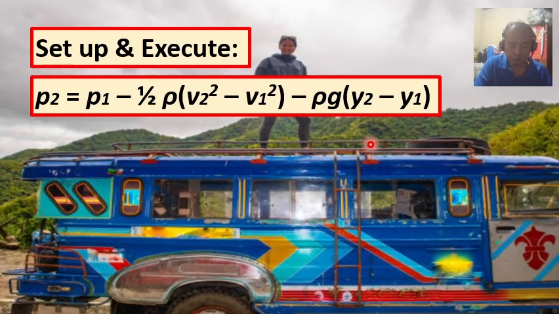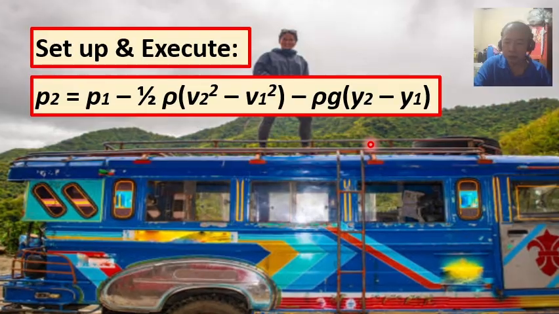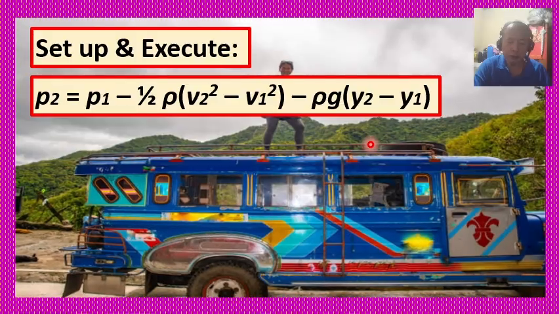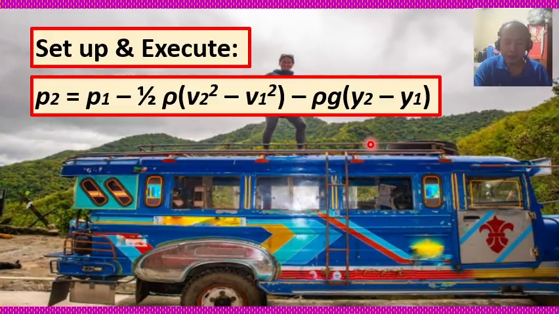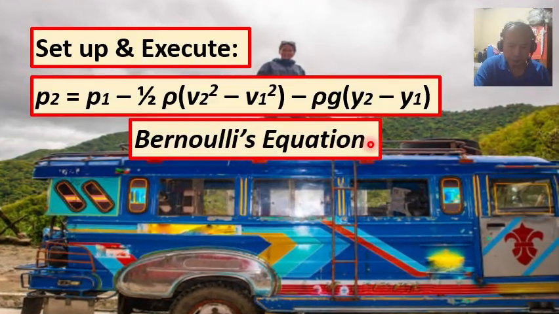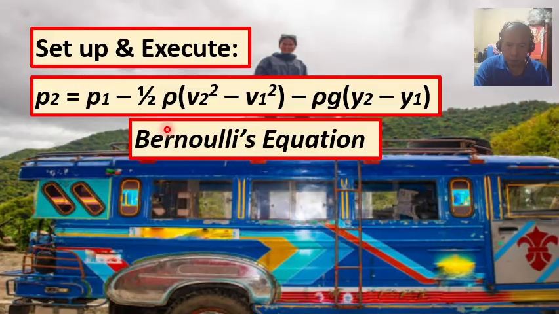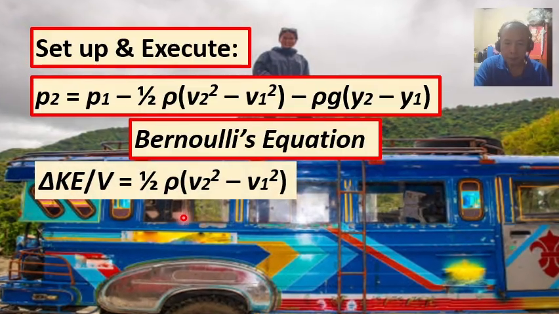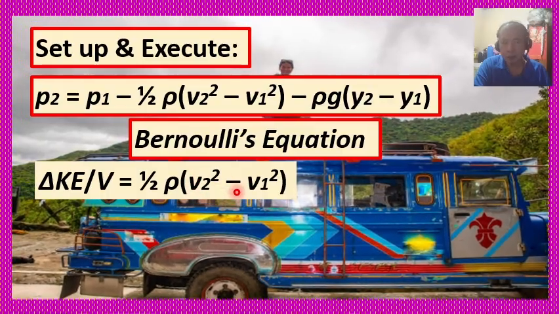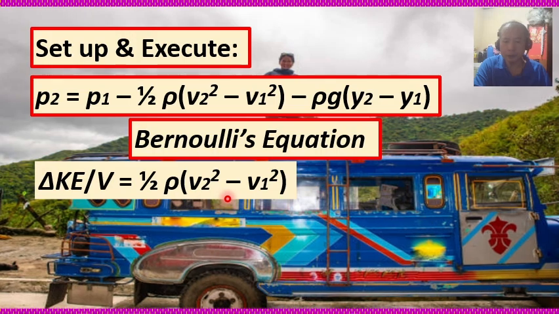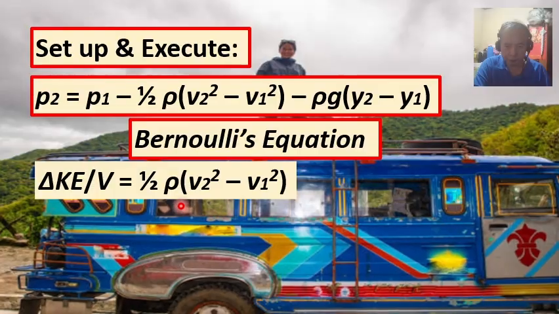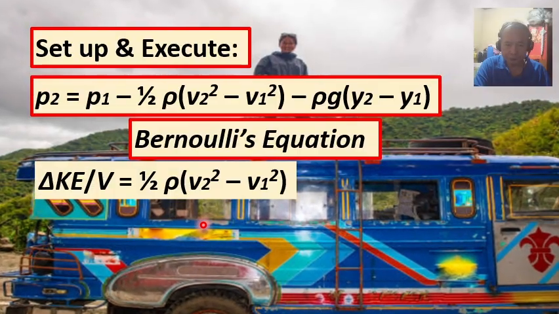The part of the equation representing the change in pressure due to the change in speed, or kinetic energy per unit volume, is the term 1/2 the product of density and the difference in the squares of the speed of flow of the water.